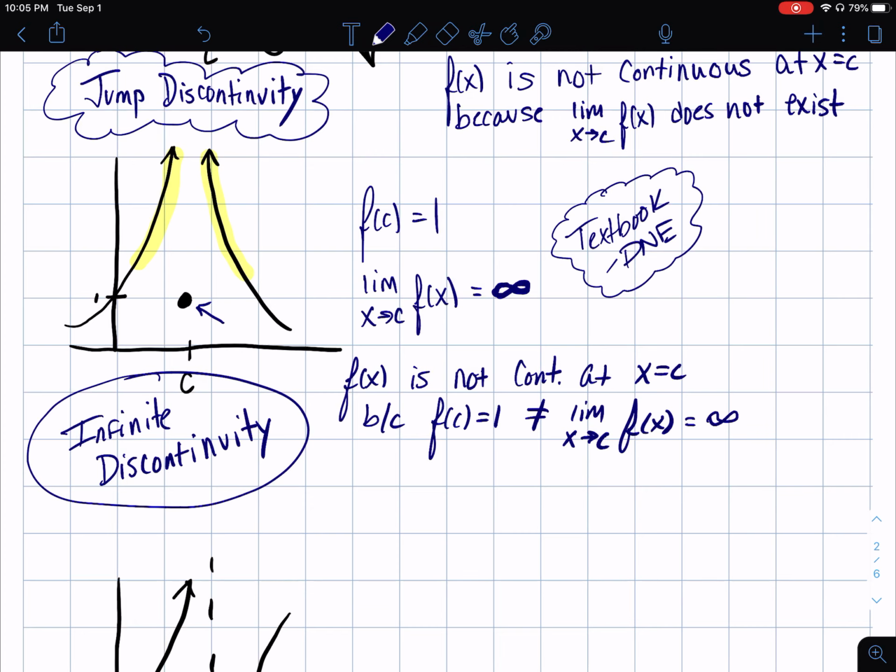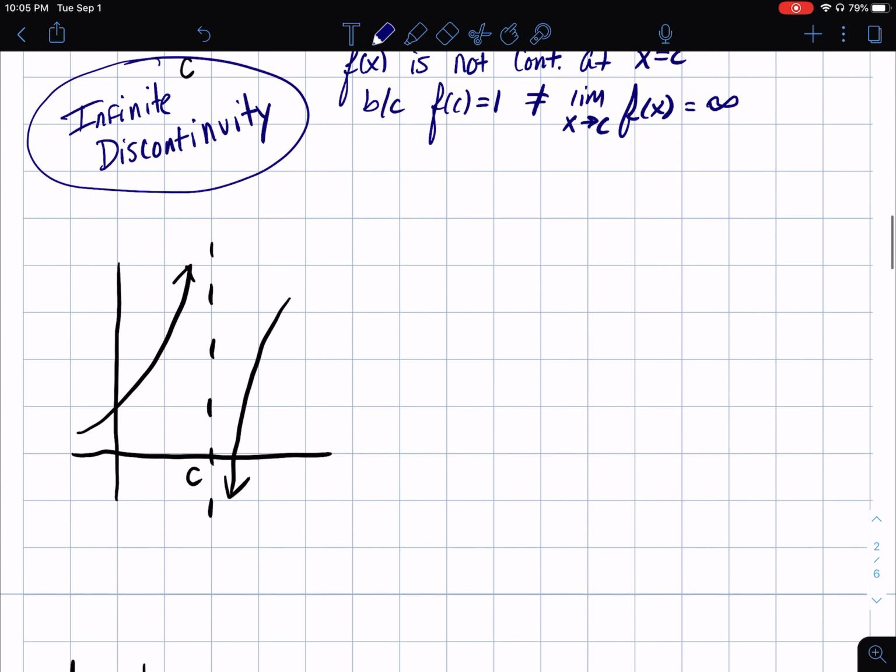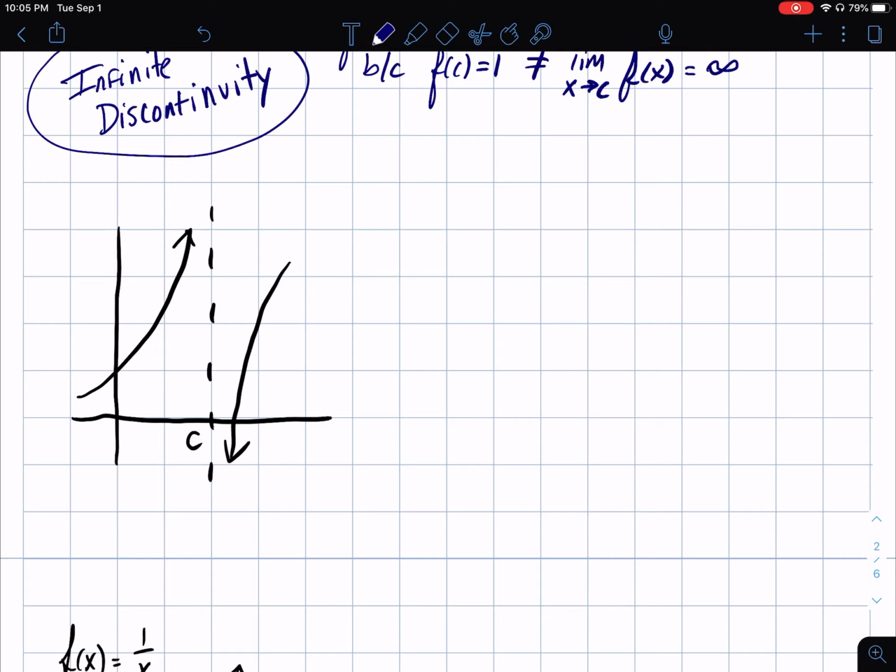Okay, so it's going to infinity, so an infinite discontinuity.